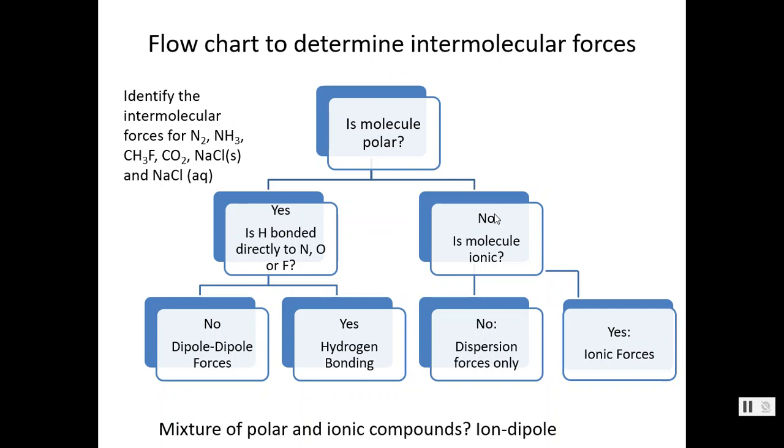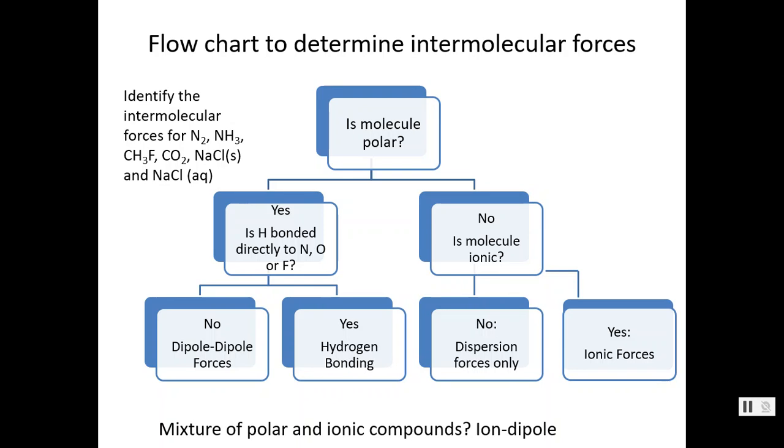But the first thing you need to do is determine if the molecule is polar. If it's not polar, then you should ask yourself, is it ionic? Things that are ionic, that means metal and a non-metal. If it's not ionic and not polar, then automatically the force present is just dispersion forces.